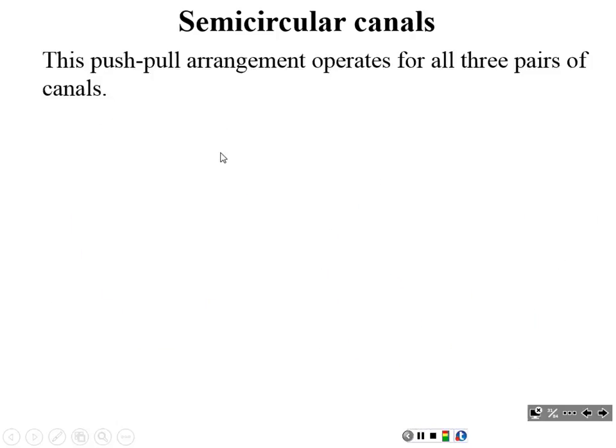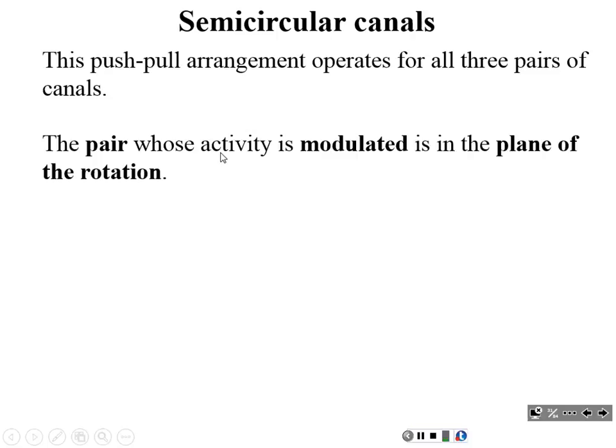I explained that for the horizontal canals because it's probably the simplest one. But this push-pull arrangement operates for all three pairs of canals. And I mentioned before how the different canals on the right and the left are aligned in the same plane. The pair whose activity is modulated is in the plane of the rotation. Again, I use the horizontal as an example because it's the simplest one to explain.